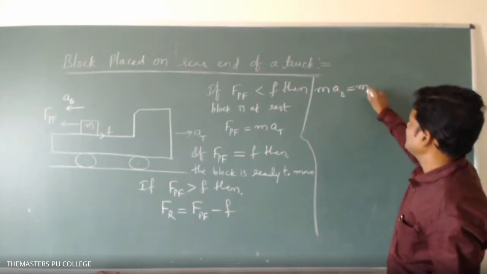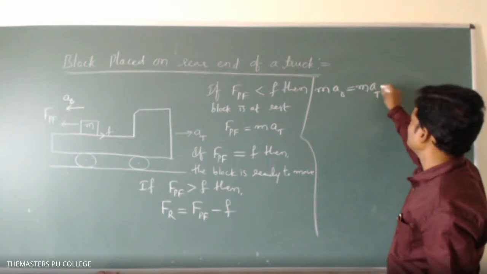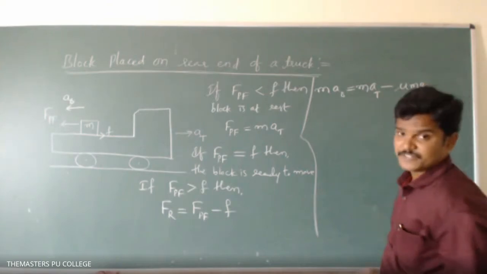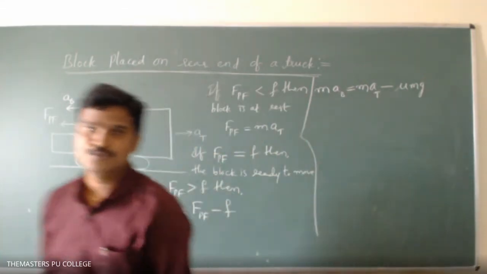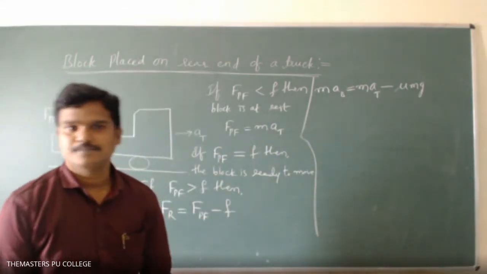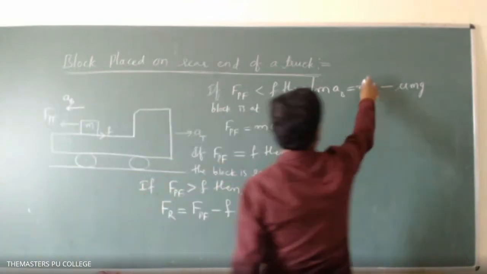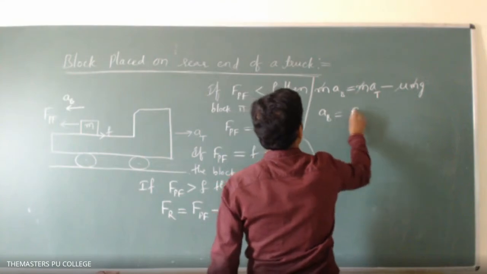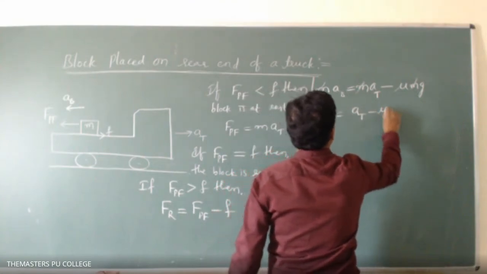Pseudo force is m into acceleration of the truck, minus frictional force, which is mu mg. Frictional force is mu N, N nothing but mg. So strike off the mass on both sides. Then we get the acceleration of the block as acceleration of the truck minus mu g.